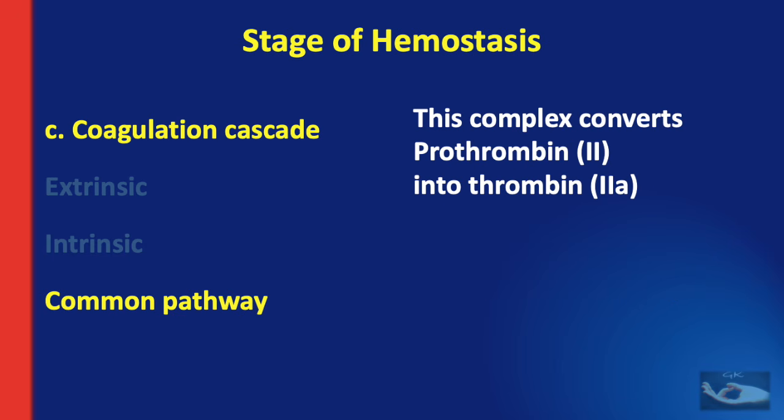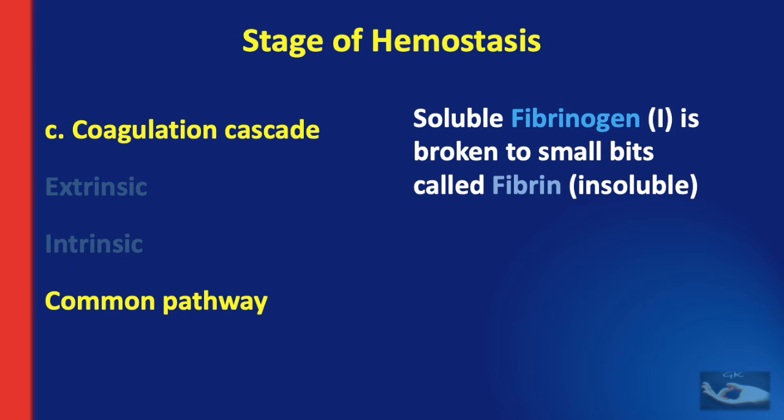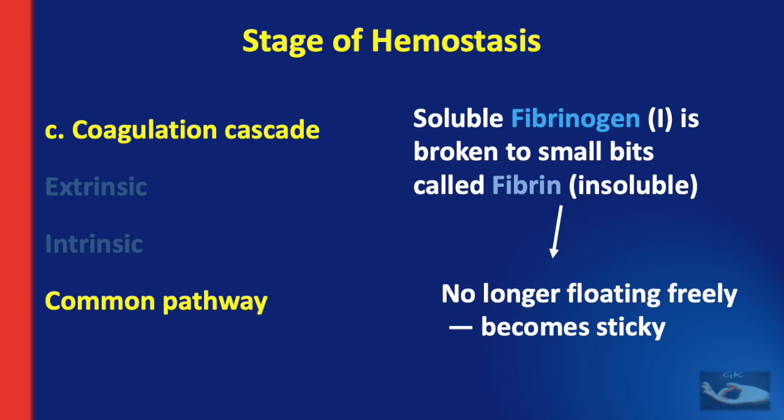This complex converts prothrombin, which is factor 2, into thrombin, which is activated factor 2. This thrombin acts on fibrinogen and converts soluble fibrinogen, factor 1, into insoluble fibrin, which consists of small bits of fibrinogen. So now, when fibrin is formed, it is no longer floating freely in the blood, it becomes sticky.